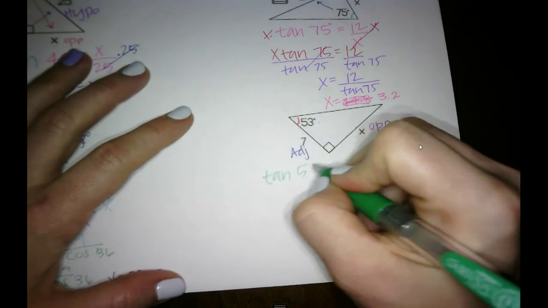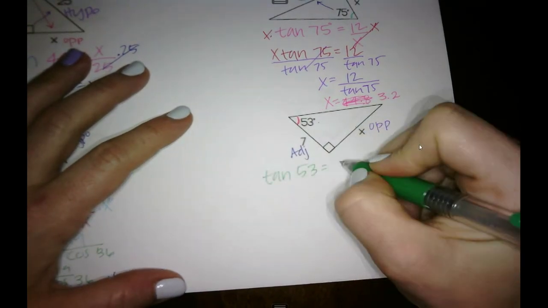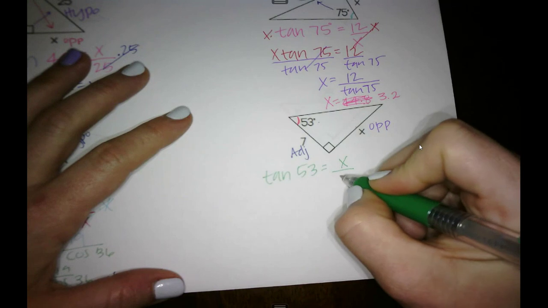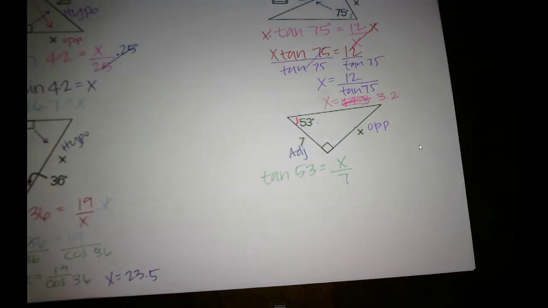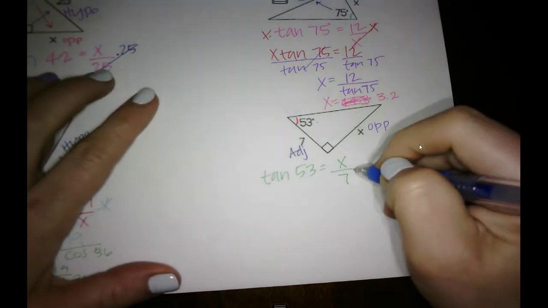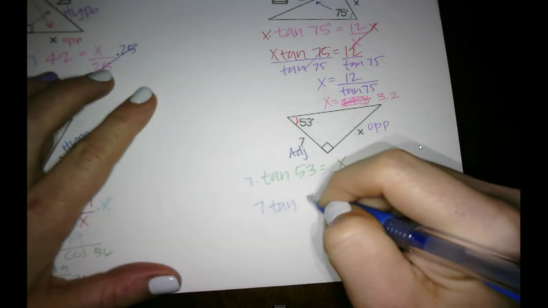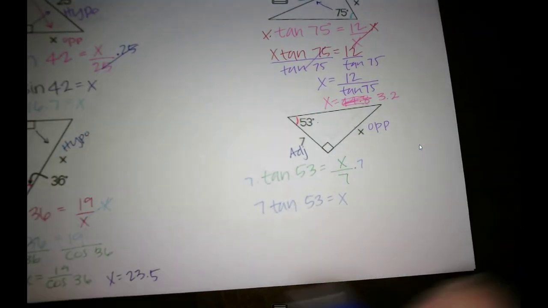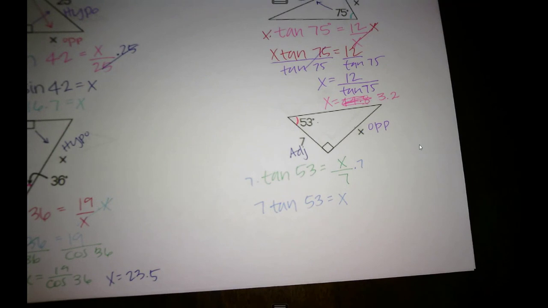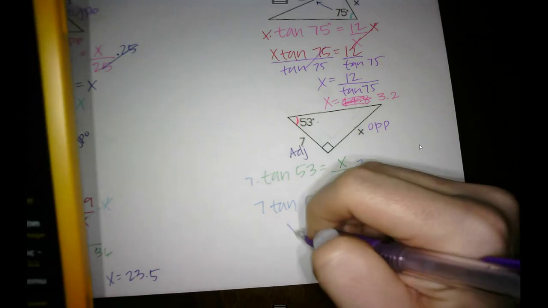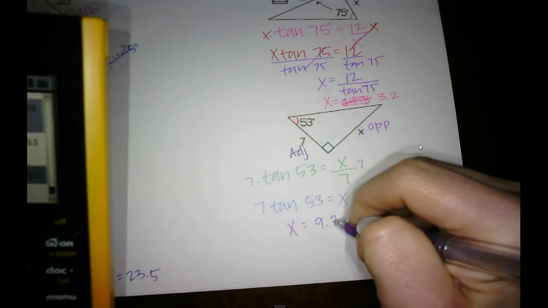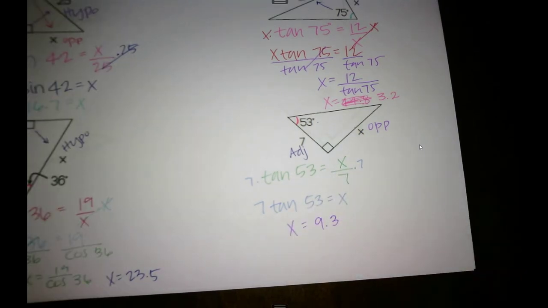So tangent of 53 equals x over 7. Multiply both sides by 7. 7 times tan 53 equals x. Plug into the calculator. x equals 9.3.